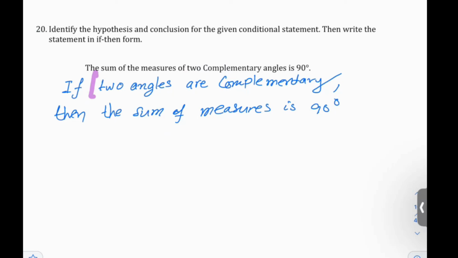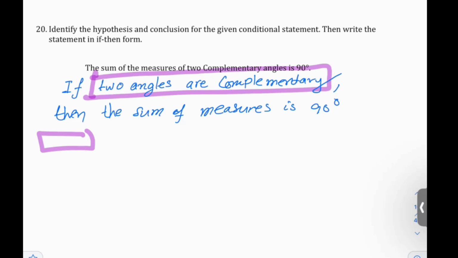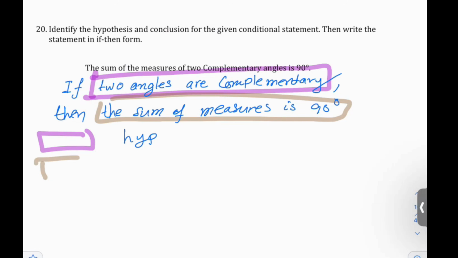So this part is the hypothesis. This is the hypothesis. And the other part, I will choose another color. You can copy it. Is the conclusion.